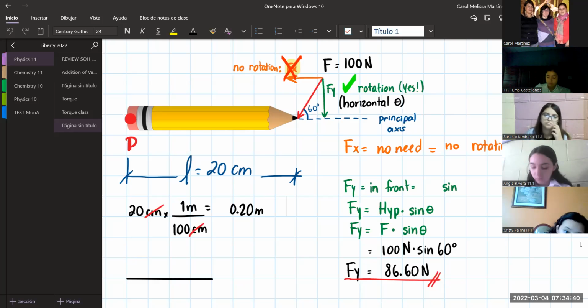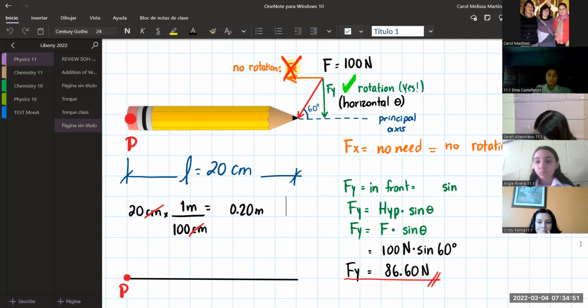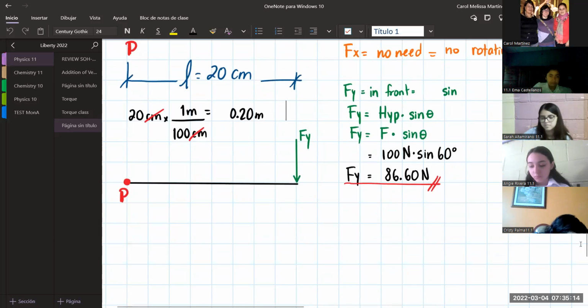Okay, the size of the pencil. And on this side over here, I have my pivot. And what is the force that is doing the rotation? Fx, F, or Fy? Fy. So in here, now we're not going to include F. We're going to include just Fy because it's the one that makes the rotation possible. And also, we're going to include the lever arm, the distance.